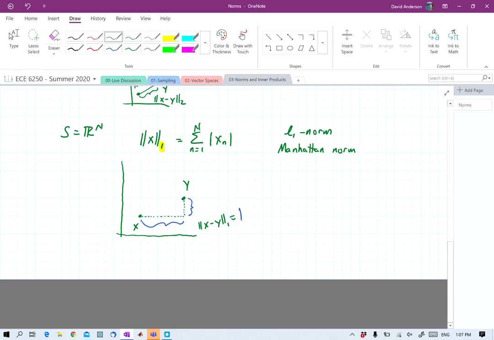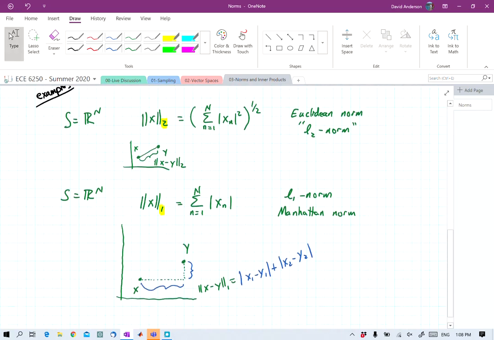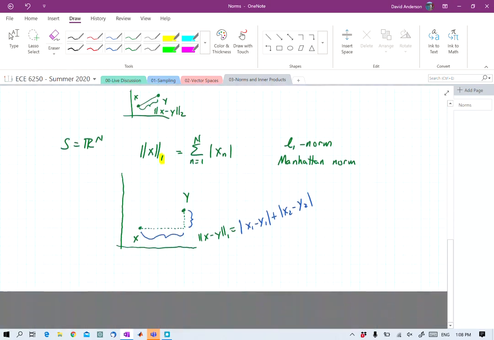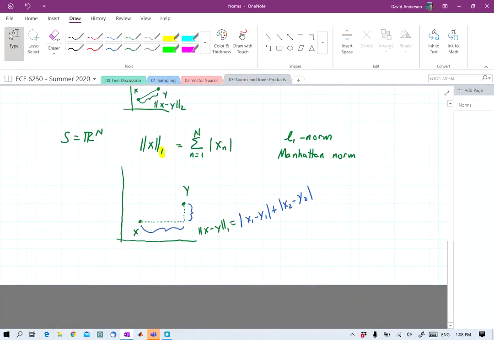So it's basically the absolute value of x1 minus y1 plus the absolute value of x2 minus y2, like that. This actually, just a few remarks. The L1 norm has been used extensively in signal processing since the early days.